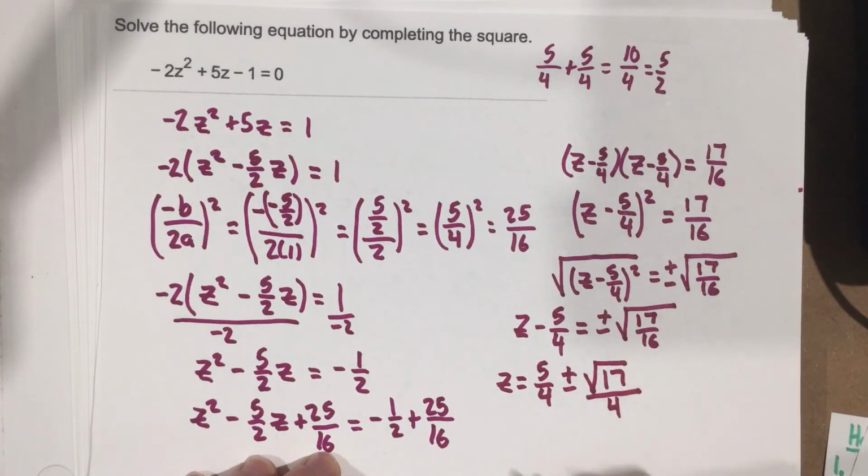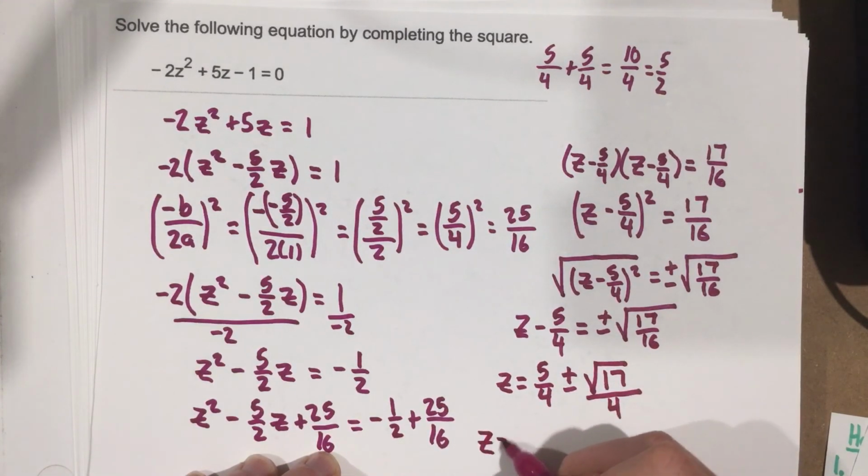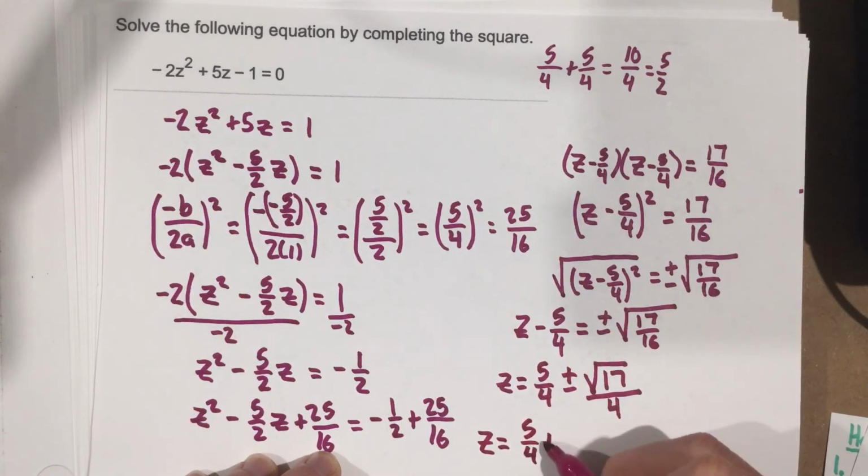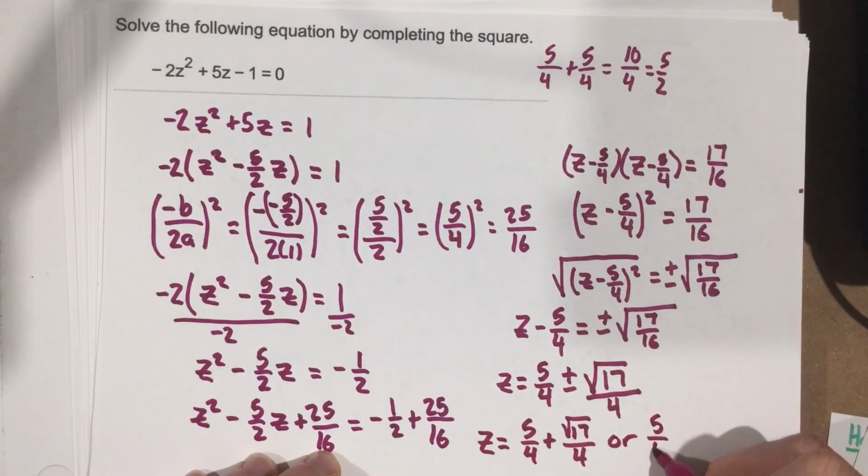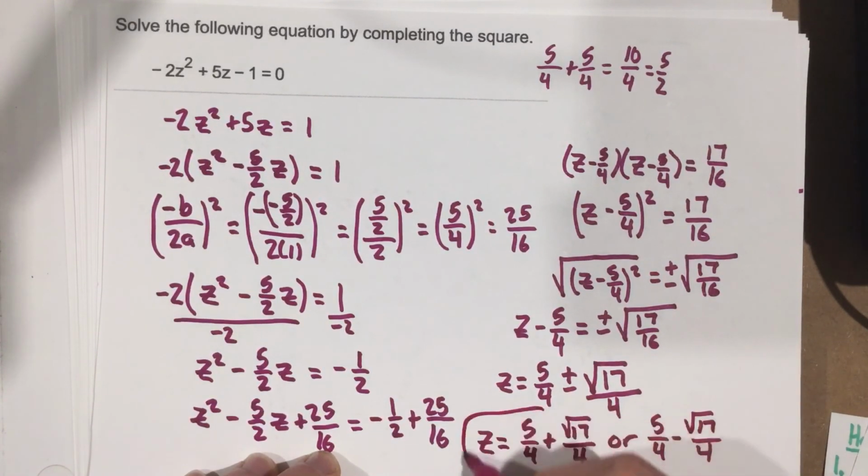I'd like you to write those out. So say z equals 5 over 4 plus root 17 over 4. Now you could add those together because they have the same denominator if you wanted. Or 5 over 4 minus root 17 over 4. And those are the two solutions to this problem.